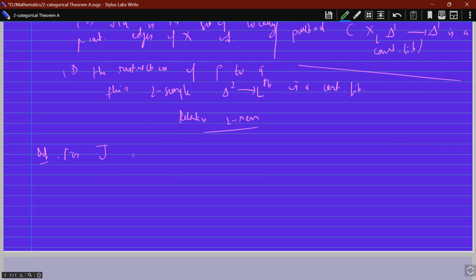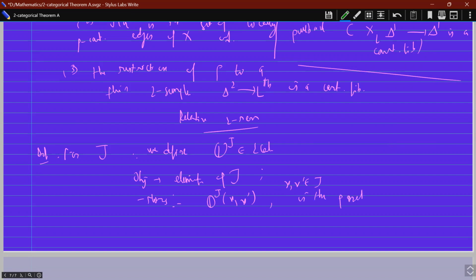We define a two category such that the objects are the elements of J, and the morphisms from X to X dash are the poset of finite subsets of J such that the minimum is X and the maximum is X dash.